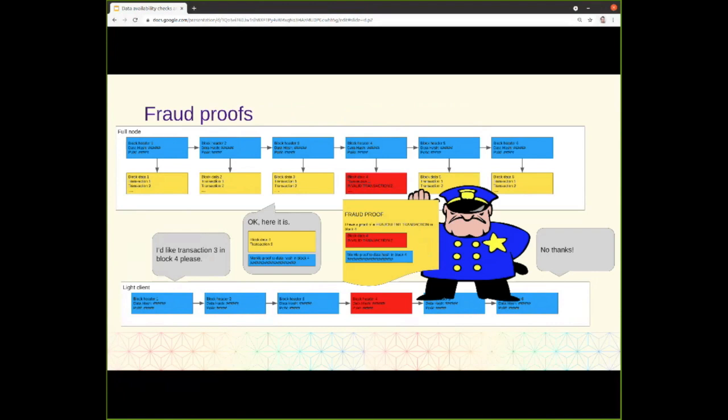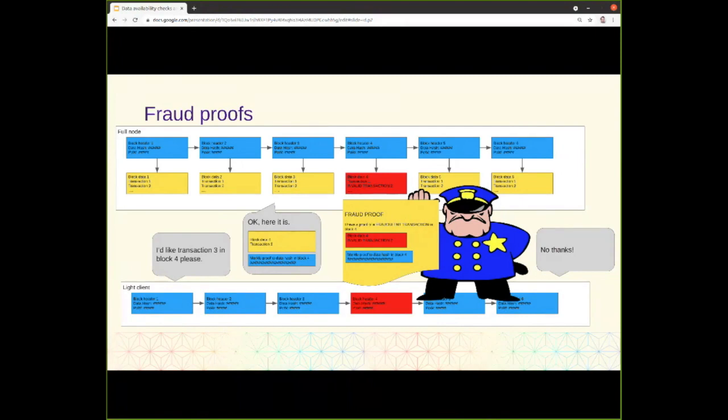But we can introduce this additional mechanism that's called a fraud proof. So we add this policeman who gives the light client a proof that this chain that the full node has given the light client contains something invalid, this invalid transaction. And that fraud proof could be generated by anyone. So you don't need to trust some honest majority or something.